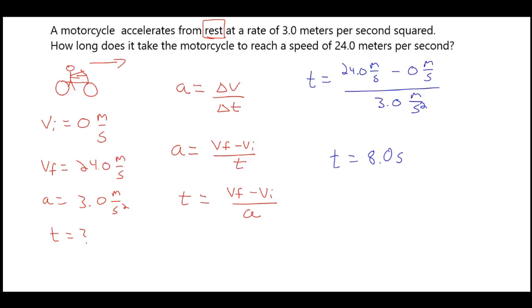That means that after 1 second, we've increased by 3 meters per second. After 2 seconds, we've increased by 6. After 3 seconds, we've increased by 9 meters per second, and so on and so forth, until after 8 seconds, we've changed our velocity from 0 meters per second to 24 meters per second.